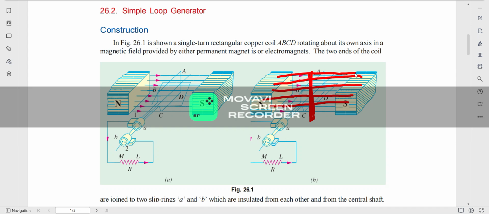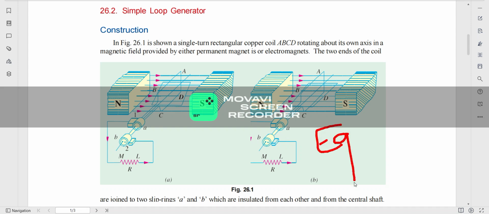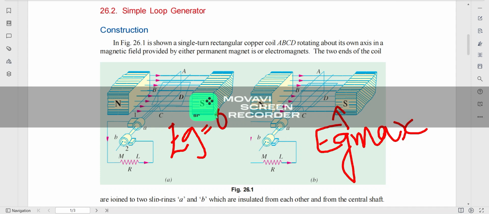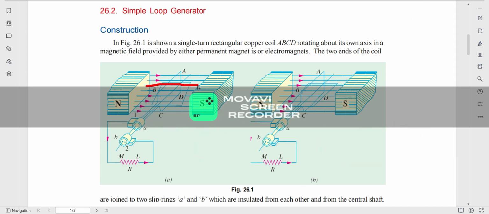When the loop is exactly at right angle to the flux, the cutting of flux is at the maximum rate. The generated EMF will also be maximum, EG will be maximum in this condition, and EG will be equal to 0 in the parallel condition. Hope it is clear.